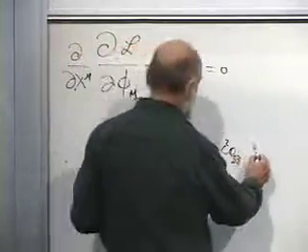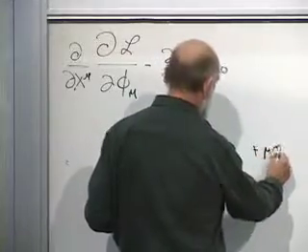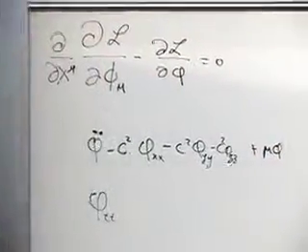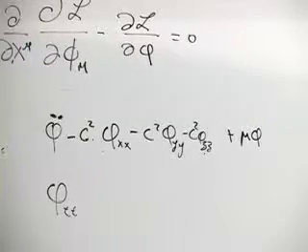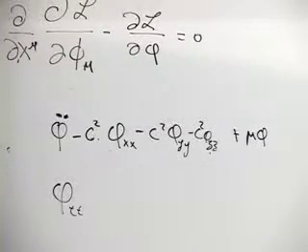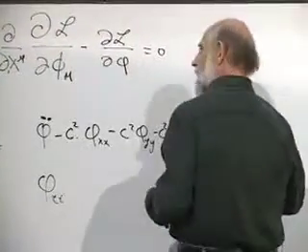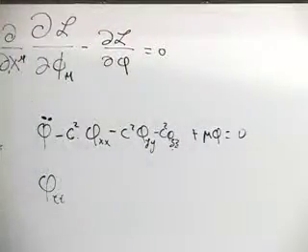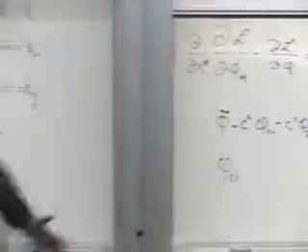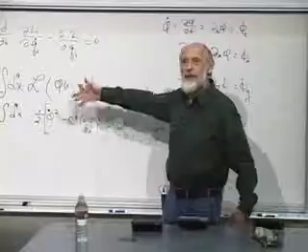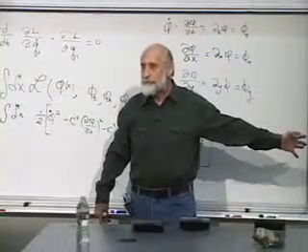Plus 2. Right? Equals 0. No, there isn't a half, because each one of these things was squared, so when you differentiate it, that's why the half is there. The half is there to avoid the half in the equation of motion.